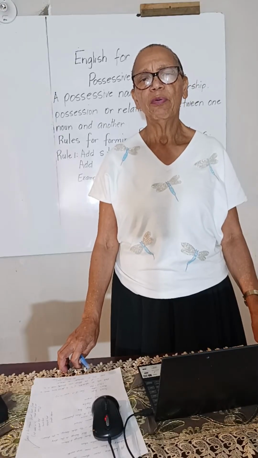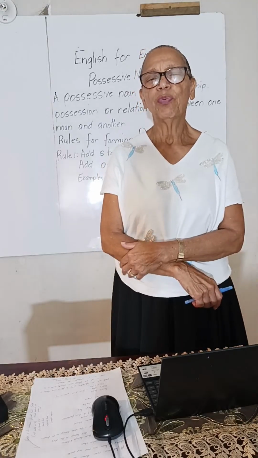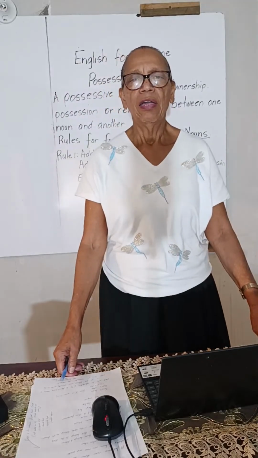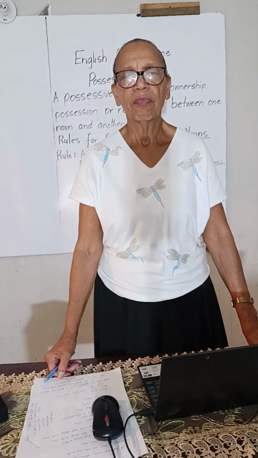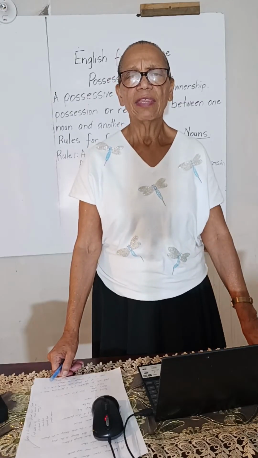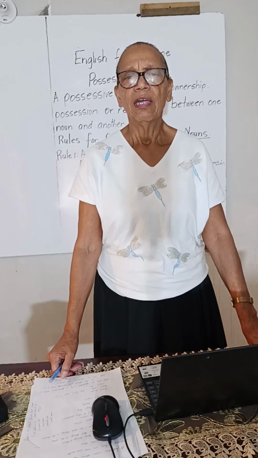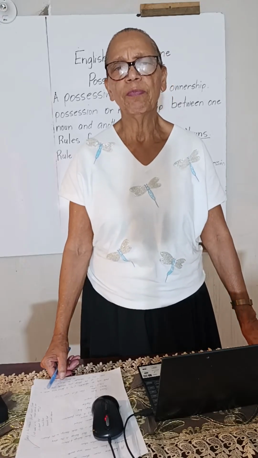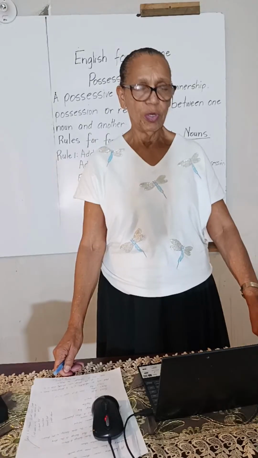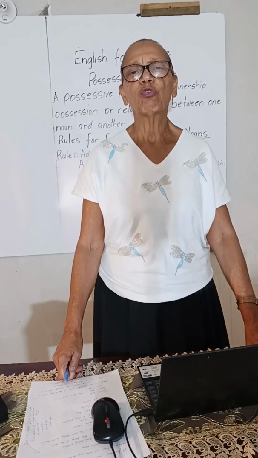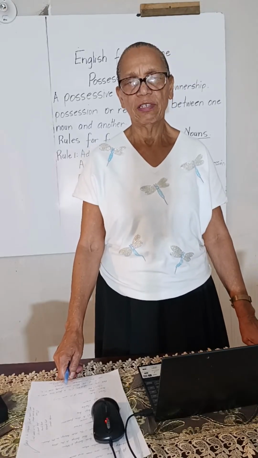Now, before we go into the lesson, I will be reviewing what we have done so far. The English language is a unique language, and by the time you reach high school level, if you want to do English, if you're a native speaker, you should know about 20,000 words.